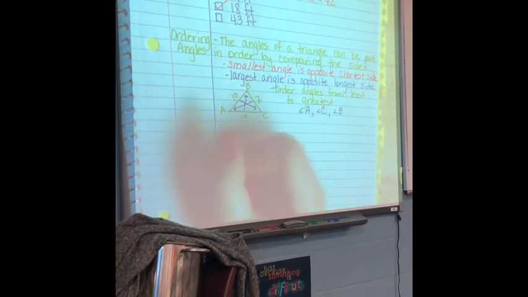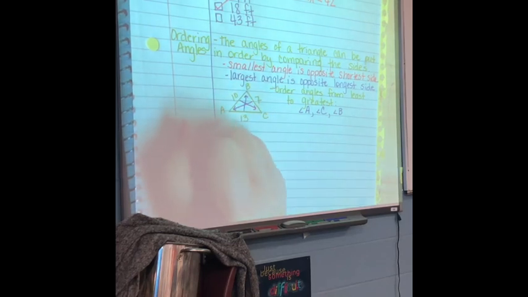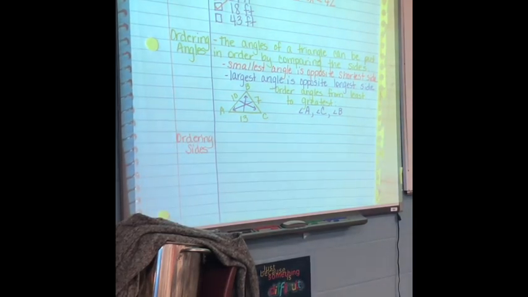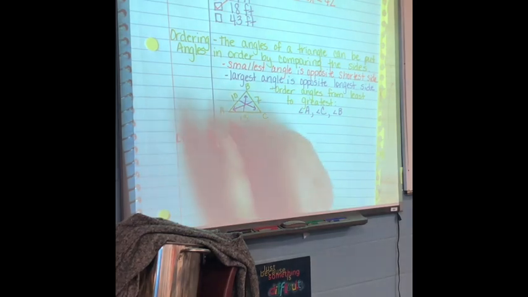All right, let's talk about ordering the sides then. The sides of a triangle can be put into order by comparing the angle measures.